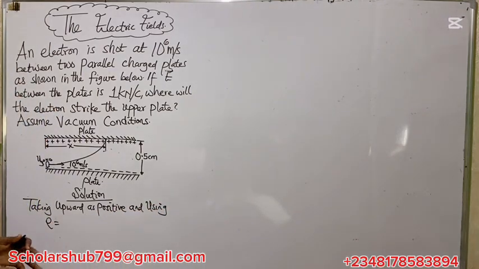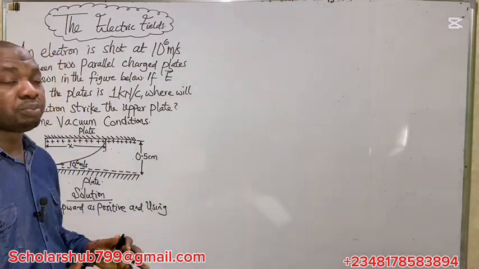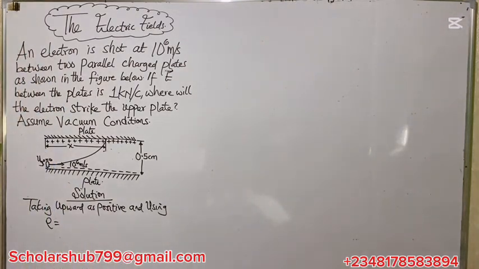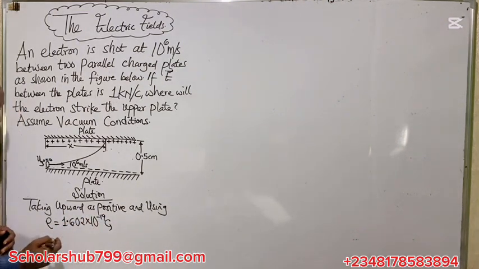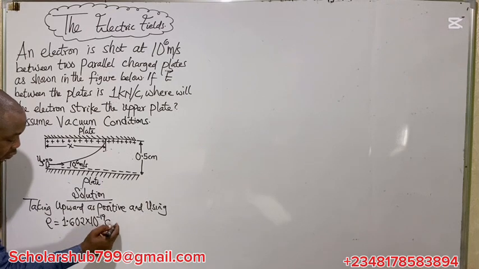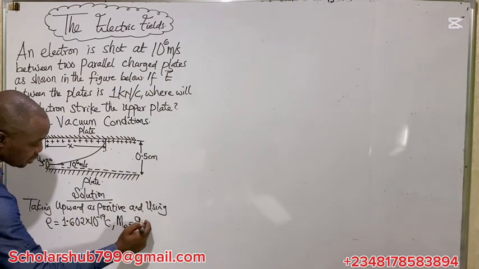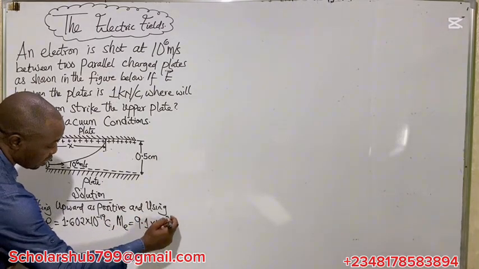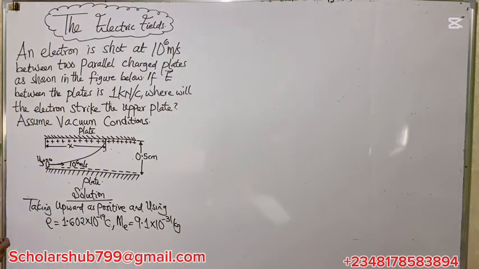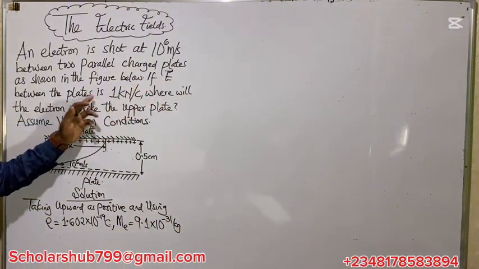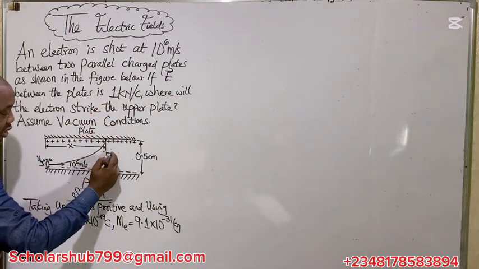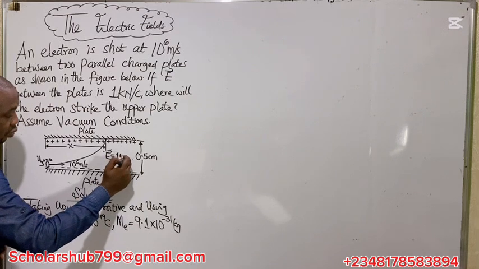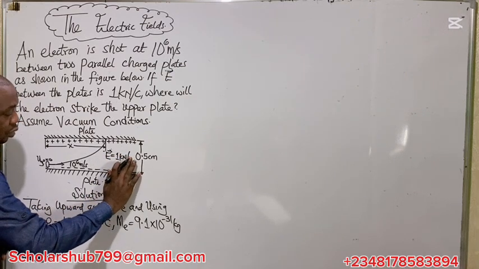We know that the charge on the electron is 1.602 times 10 raised to the power of negative 19 coulombs. Also, the mass of the electron is 9.1 times 10 raised to the power of minus 31 kilograms. We're also given the electric field intensity between the plates, which is 1 kilonewton per coulomb.